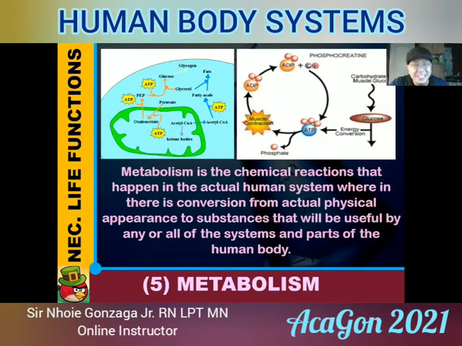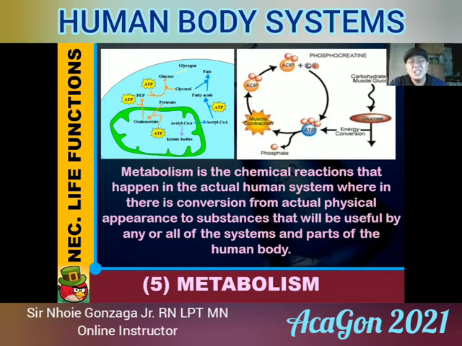Next, metabolism. Metabolism is the chemical reaction that happens in the actual human system wherein there is conversion from actual physical appearance to substances that will be useful by any or all of the systems of the human body. Now, there are some people that when they eat, okay, they become hungry right away, but they are healthy.